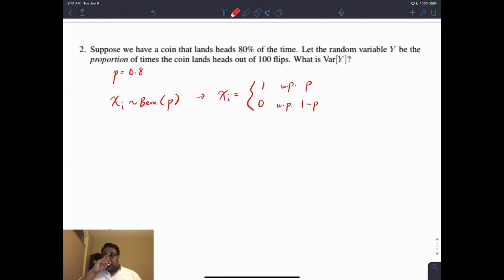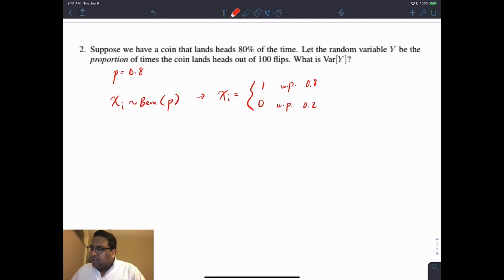If xi is equal to 1, it just means flip i was a head. And if xi is equal to 0, it means flip i was a tail. In this case, I could really replace this with 0.8 and 0.2. So I'm modeling each individual flip with this random variable xi that takes on the value 1 with probability 0.8 and 0 with probability 0.2.